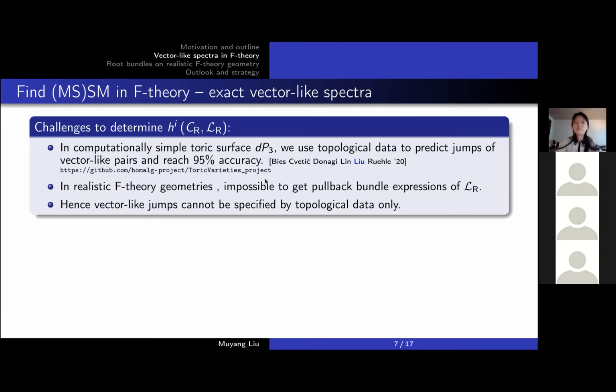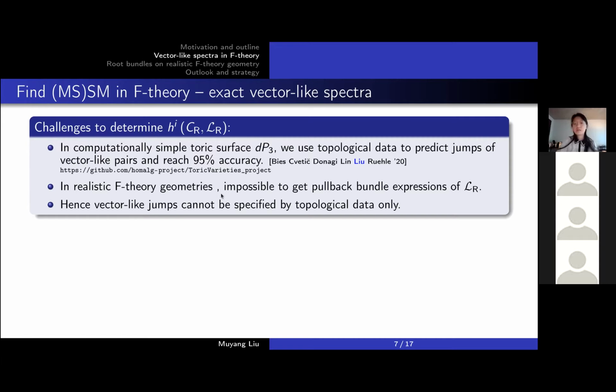However, if we move into realistic F-theory geometries, the computation is not feasible by brute force because the number of complex structure moduli reaches 100 or even larger, and that exceeds our resources on the cloud machine.